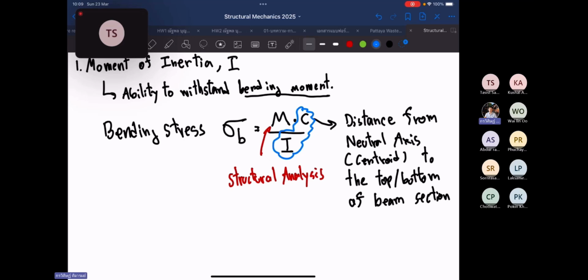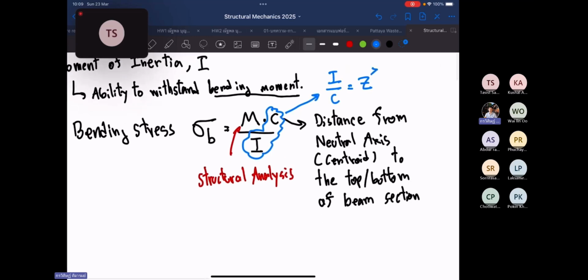In every steel table there will be this value presented. Okay, this I and this C. Sometimes this is presented as the parameter C. Okay, I divided by C equals this C, and this C we call the modulus of section.